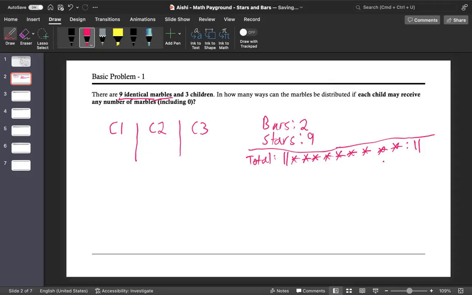So now, how many ways can we place these 2 bars in all of these 11 objects? So that would be, for the first bar, there are 11 places.